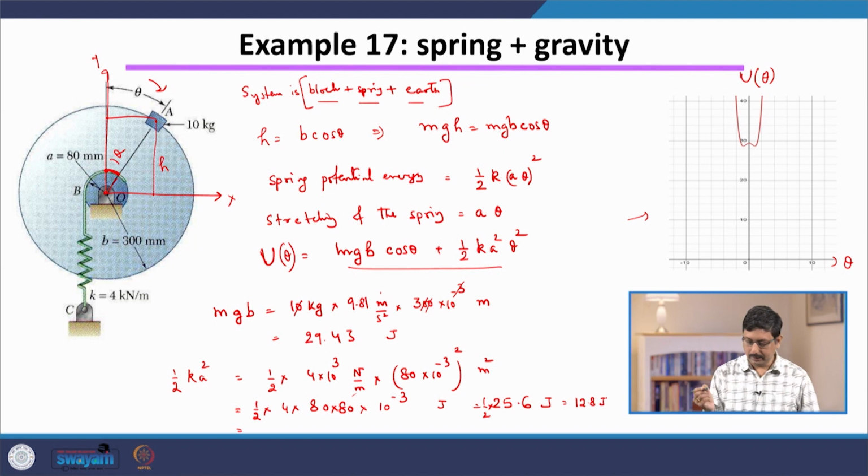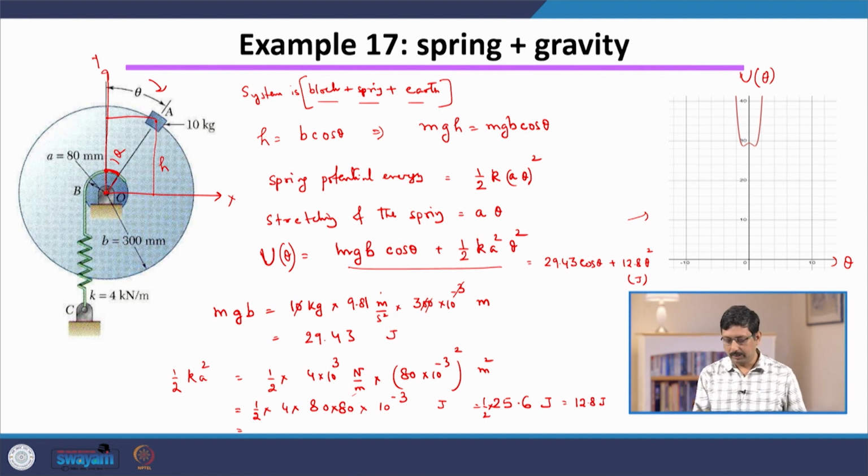So, then U theta is equal to 29.43 cos theta plus 12.8 theta square, and the unit is understood to be joule.